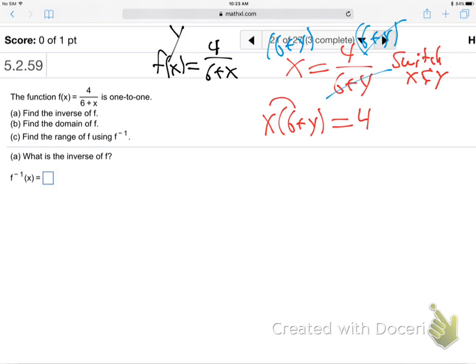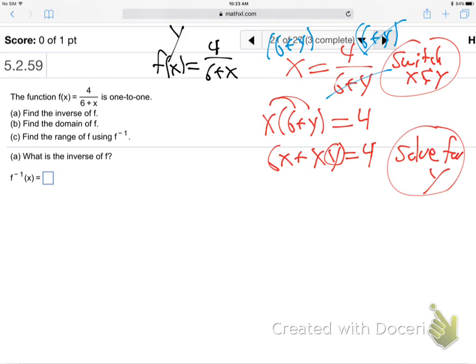Good like that. 6x plus xy is 4. And what are we supposed to solve for? Y, right? Solve for y. You switch x and y and solve for y. That's how you find an inverse. Switch x and y, solve for y.